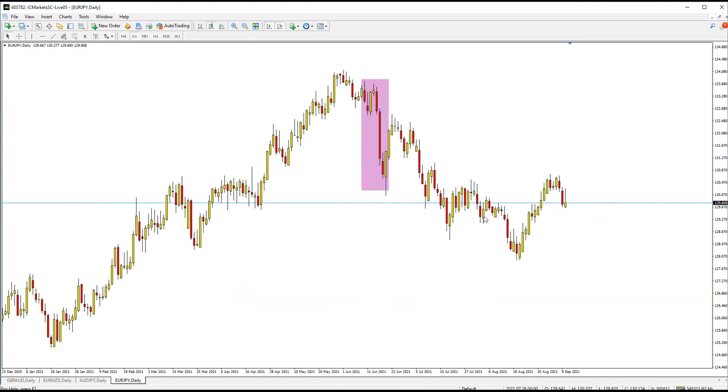The change of structure has already taken place. See? Still strong. It's the same setup as Aussie. Then what is this? Correction. That's a correction.